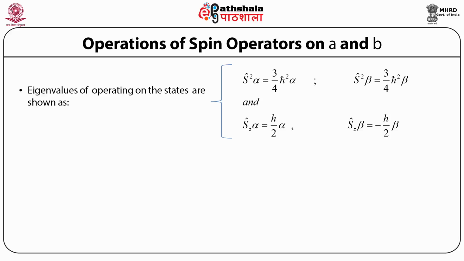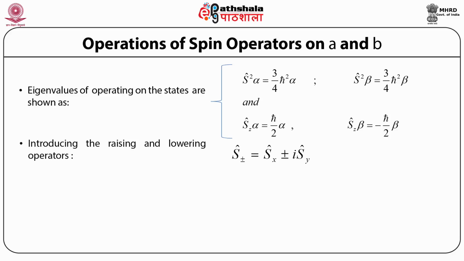And just like we did in case of the angular momentum operator, where we defined the raising and lowering angular momentum operators, or the creation and annihilation operators, similarly here also we can define the raising and lowering operators for the spin operator.